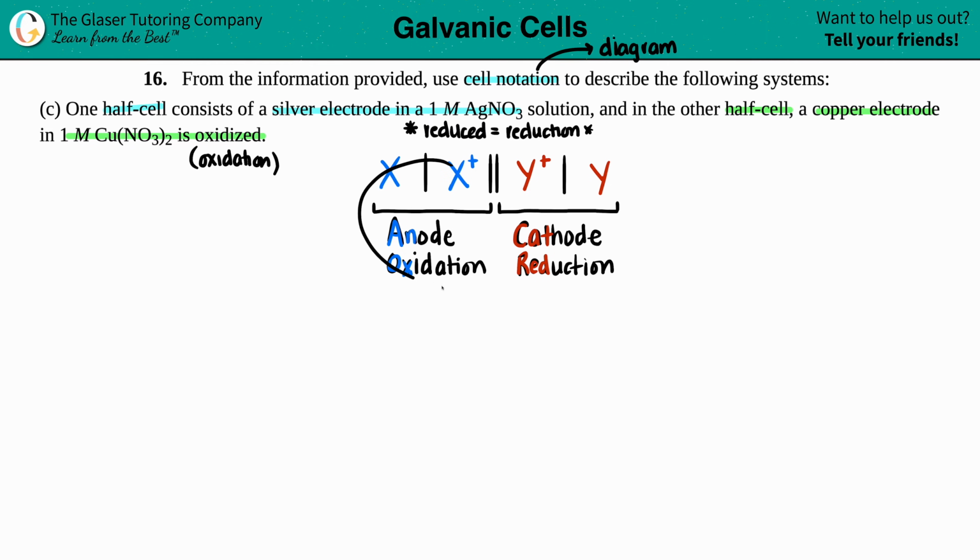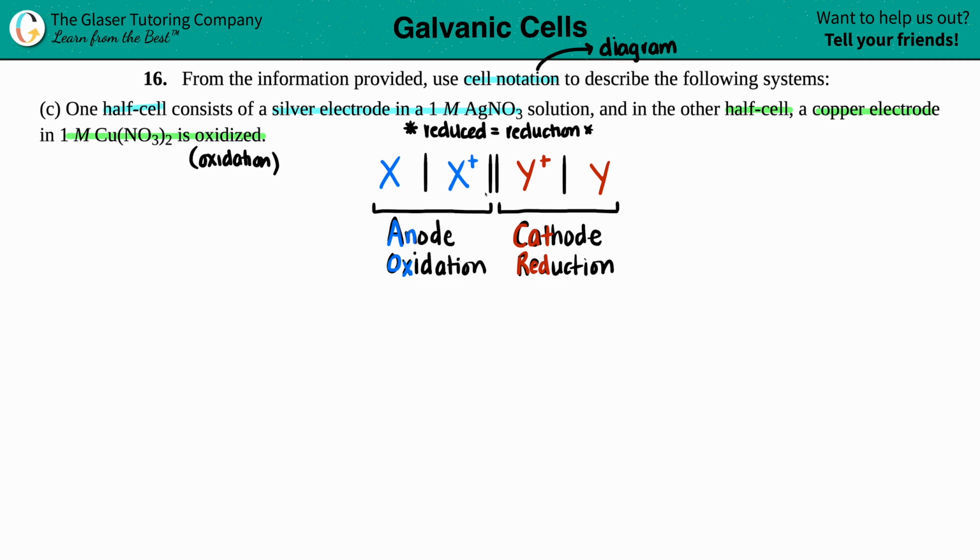Now, in the general galvanic cell notation, we have oxidation always being talked about first, and then our reduction. So we know that this copper electrode in the CuNO3 solution is going to be stated first, and then we're going to talk about the silver electrode with the AgNO3 because that's undergoing reduction.